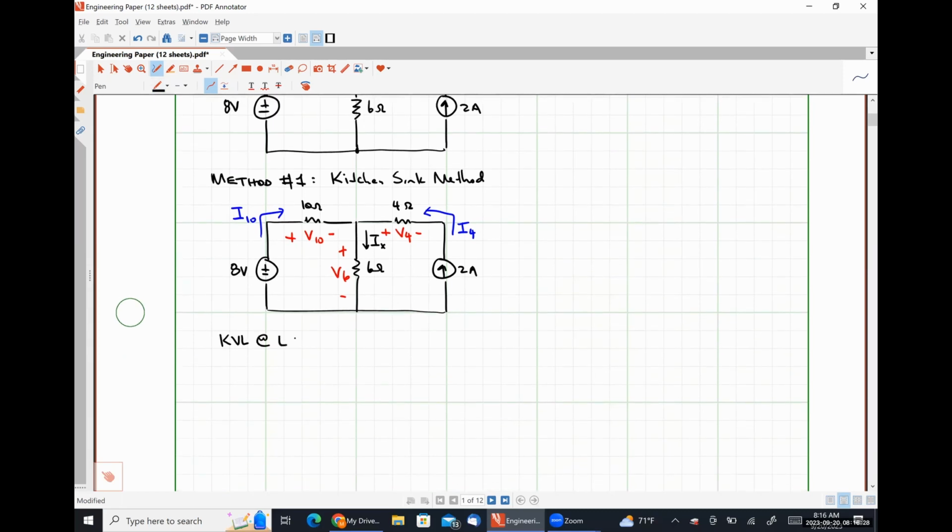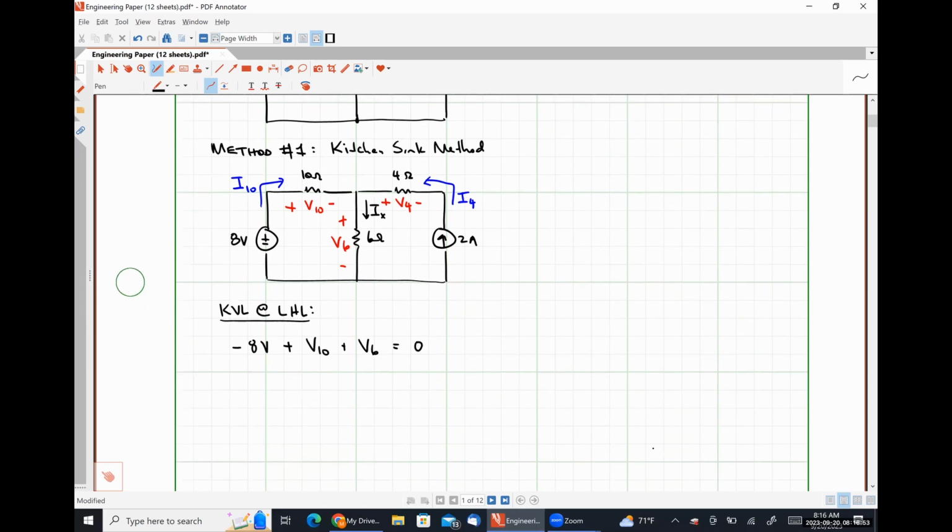KVL around the left-hand loop is going to give me negative 8 volts plus V10 plus V6 is equal to 0. So I currently have one equation and 2 unknowns, so I've got more work to do. I'm going to apply Kirchhoff's current law at the top middle node.